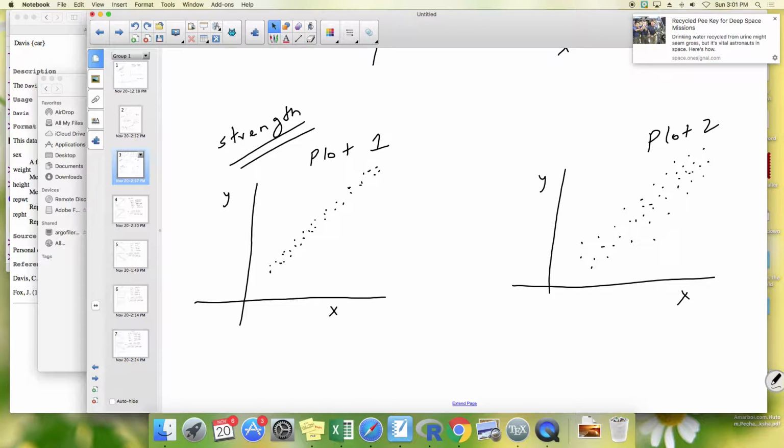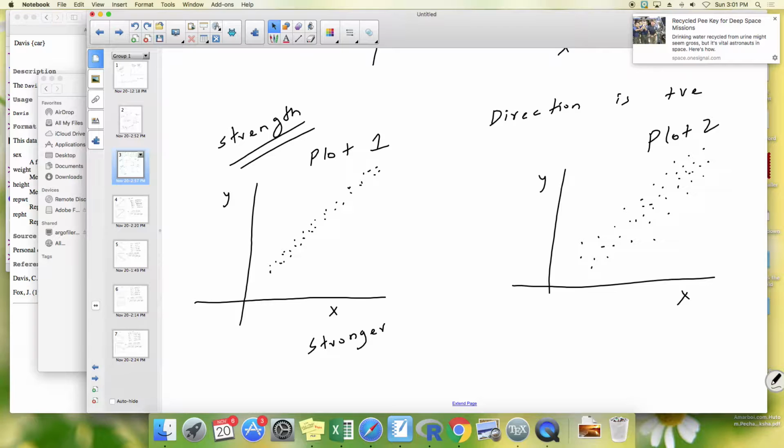What I'm trying to say is, for both of these plots, plot 1 and plot 2, the direction is positive, but here it's stronger.